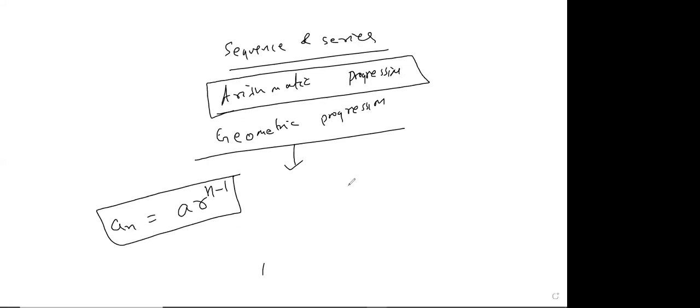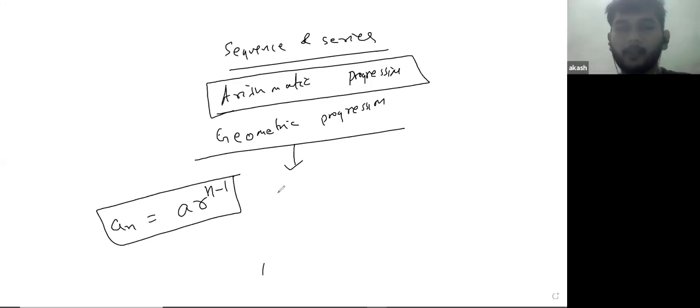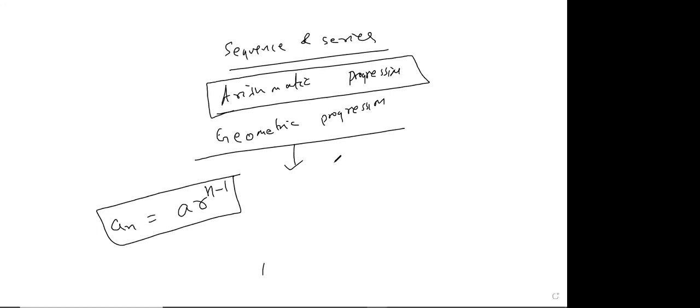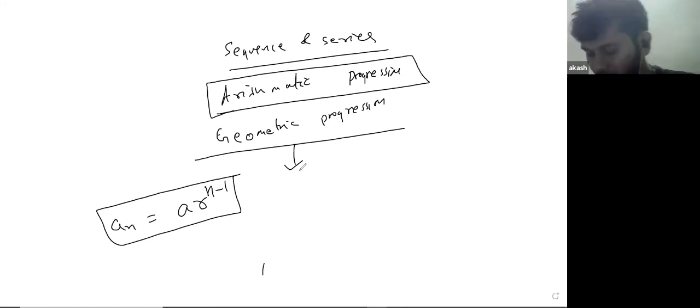Okay, no sir, I answer. See, you don't have the definition, you don't know. What do you calculate in geometric progression? The ratio. Ratio, right? That is the only thing we need to learn.